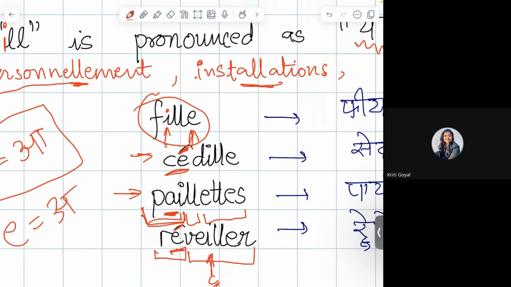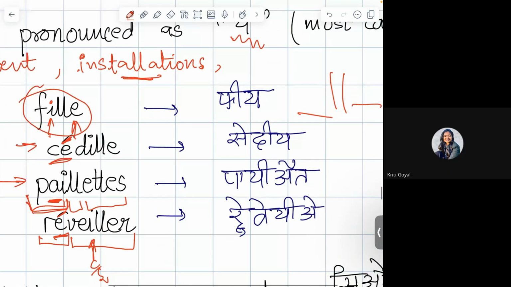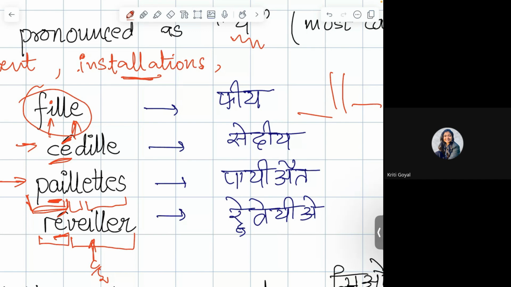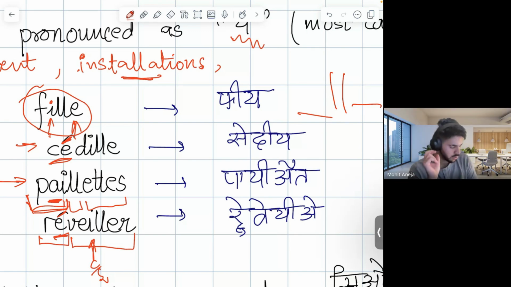Close, close. Yes, go on. No, no, no. It's not pi, it's payet. I am understanding why you're saying it as te, because we read that TES in French is called te, but it's only for words that are standalone. The payet with an S is just a plural of this.